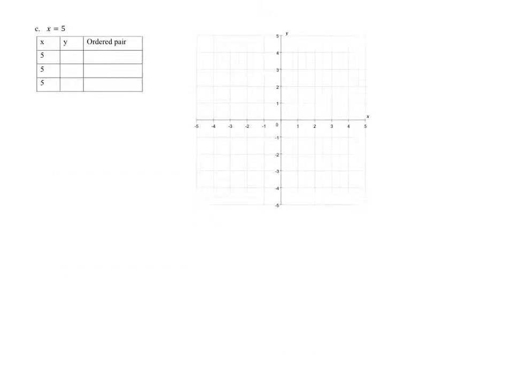So this is a really neat equation. X is equal to 5, which means that y can be anything its little heart desires because the equation doesn't say anything about y.